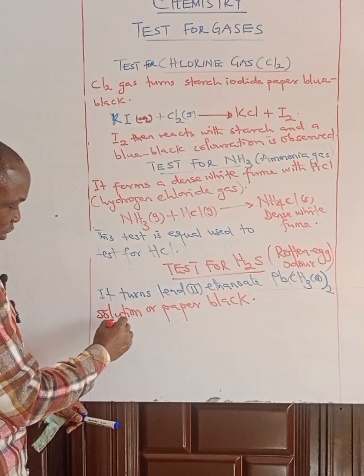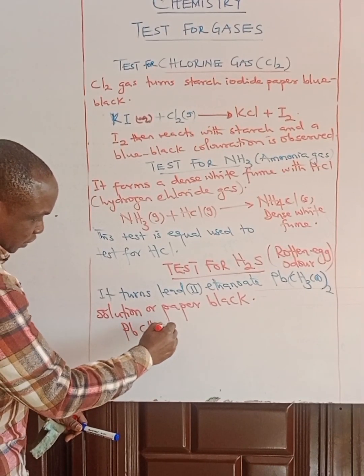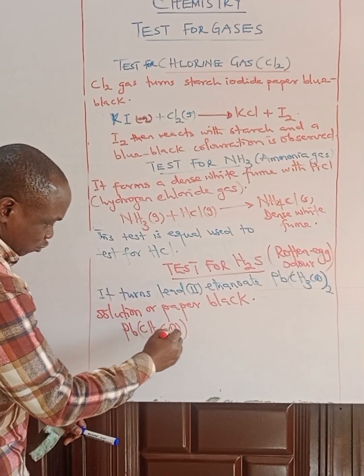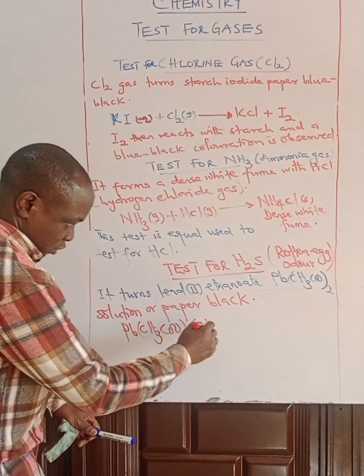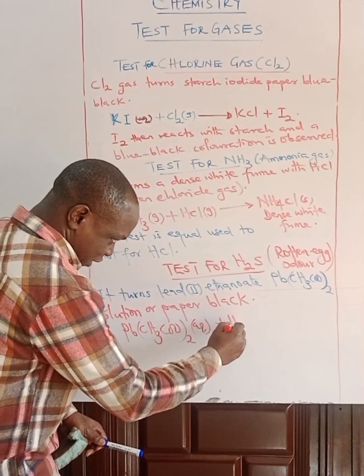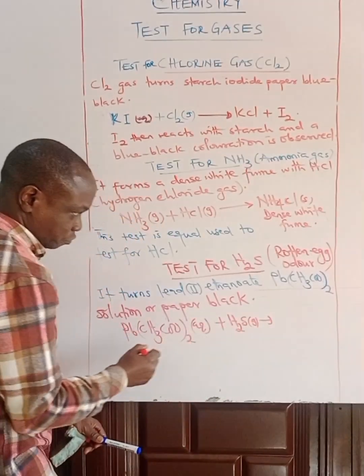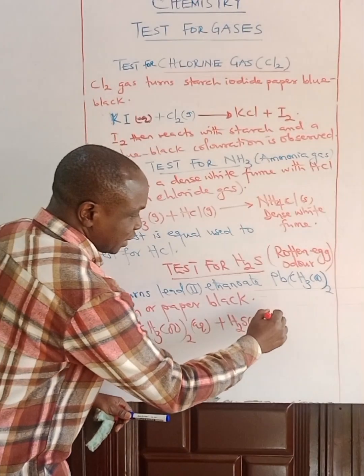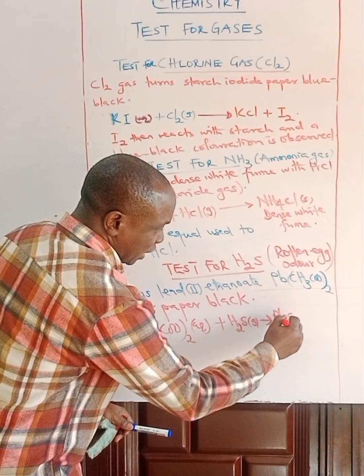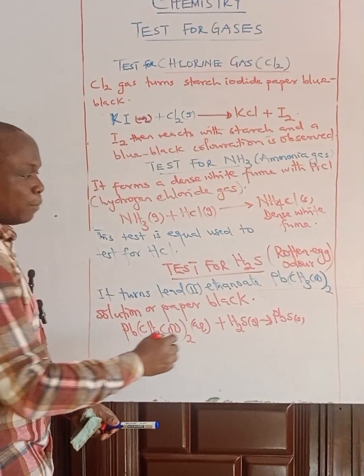How? We have lead(II) ethanoate, Pb(CH3COO)2, that is aqueous. This is lead(II) ethanoate solution plus hydrogen sulfide gas. The reaction will form lead(II) sulfide, and as you know in chemistry, lead(II) sulfide and iron(II) sulfide are black.